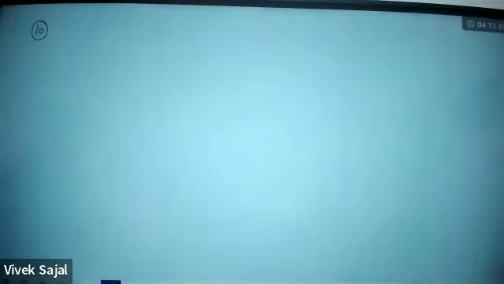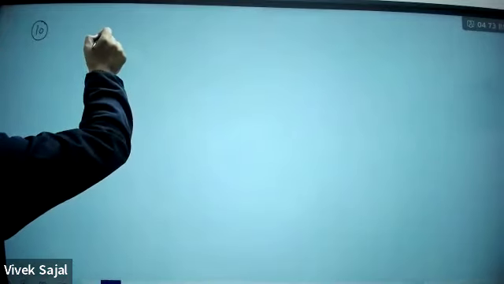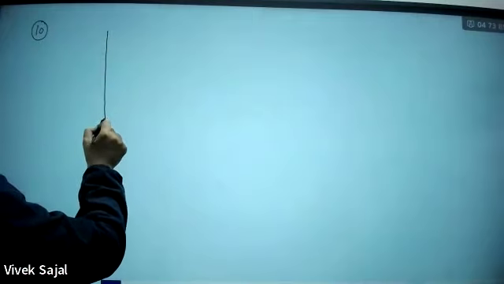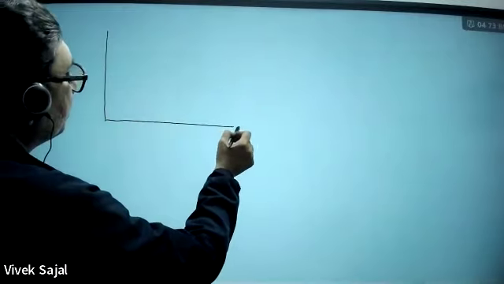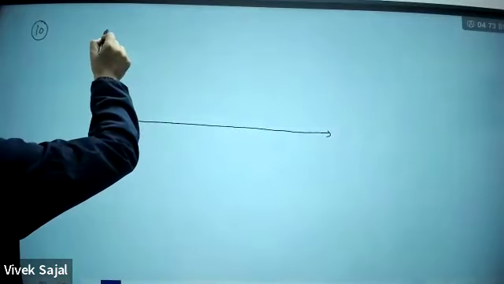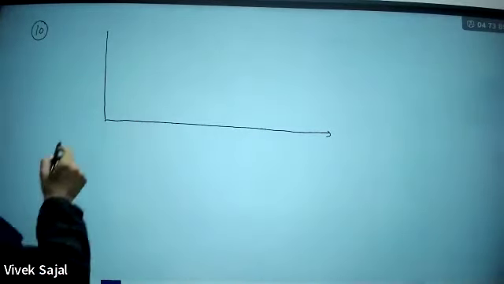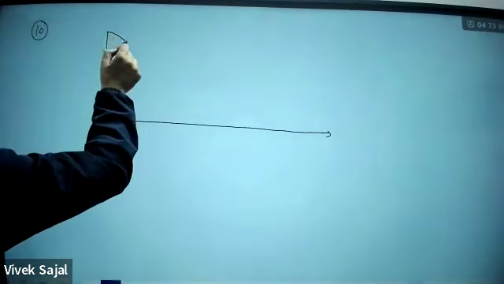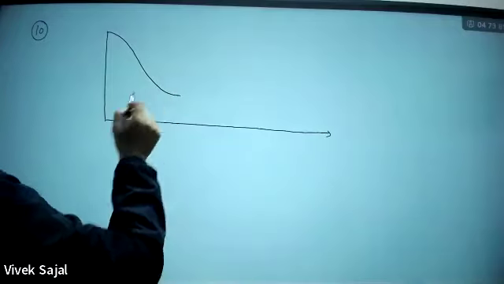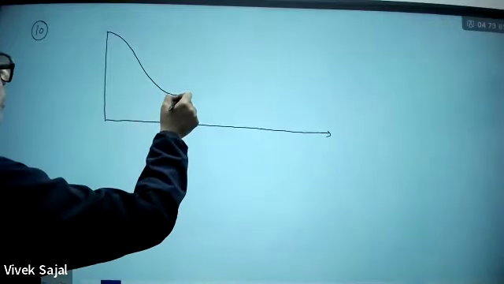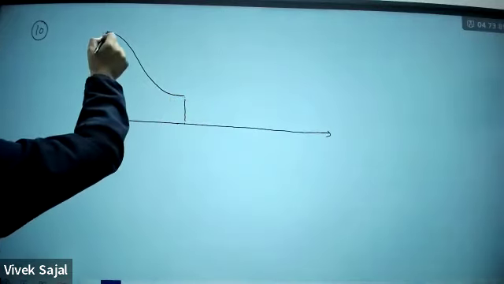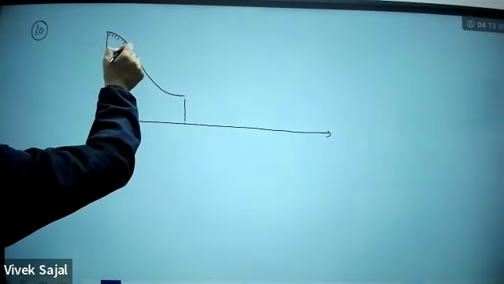So they have given this type of diagram. Something you can draw in any way, something like this. This is horizontal actually. This type of slope is given.